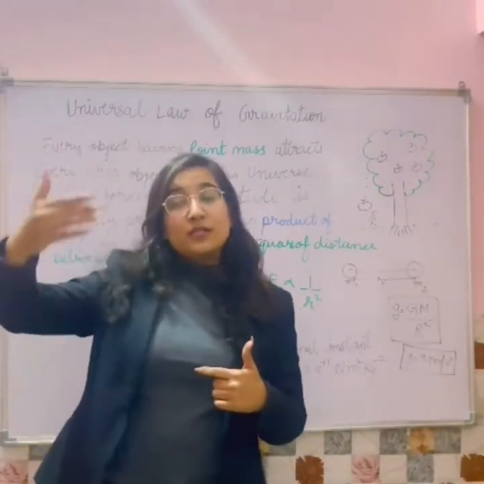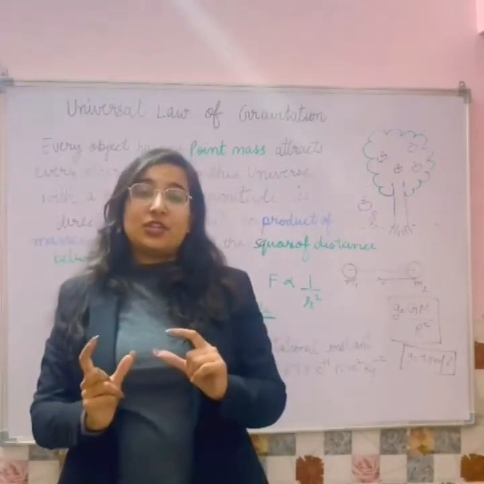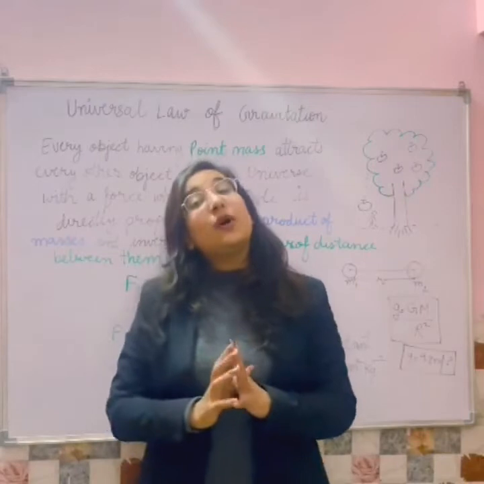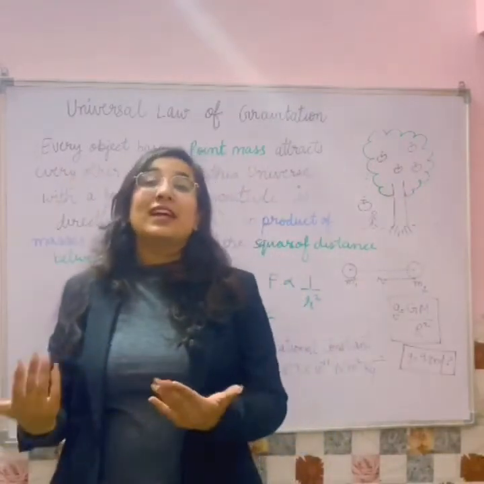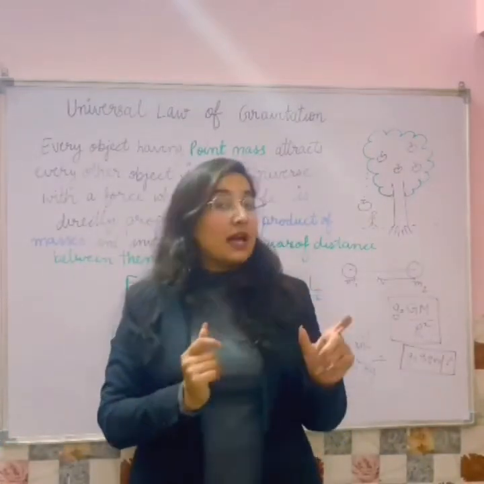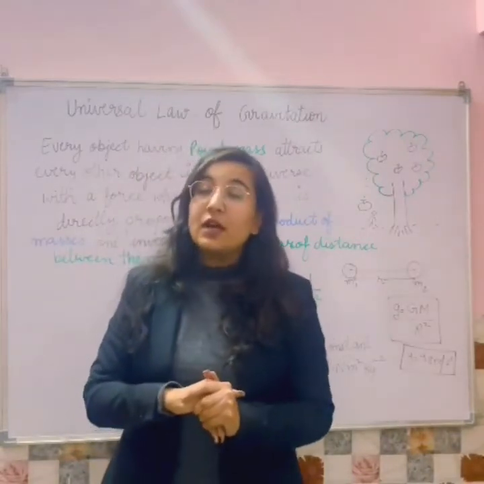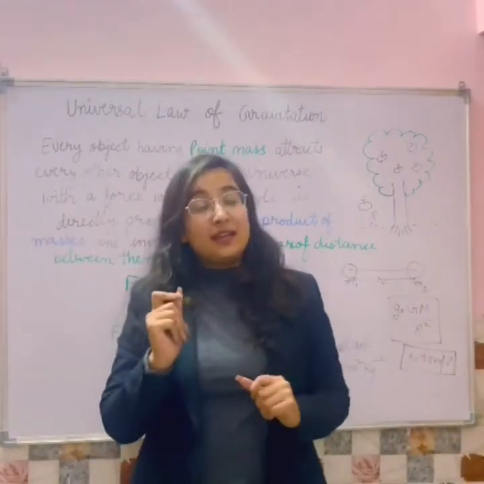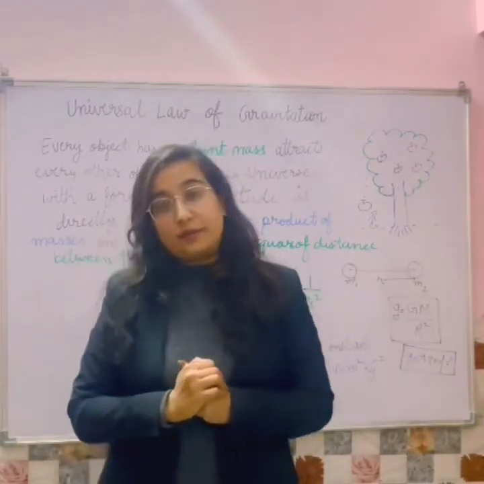So velocity is increasing at a constant rate. The acceleration associated with an object falling freely under the influence of gravitational force is termed acceleration due to gravity, and its value is constant: 9.8 meter per second squared.